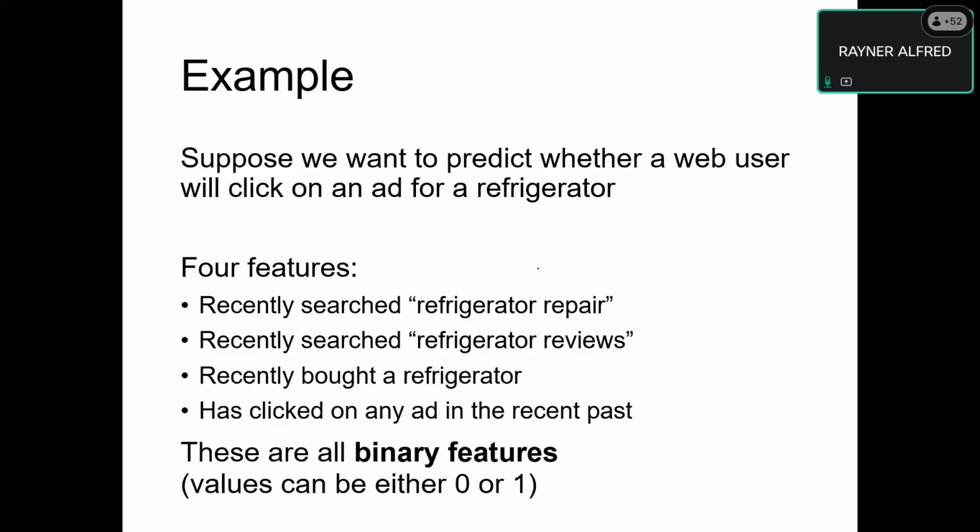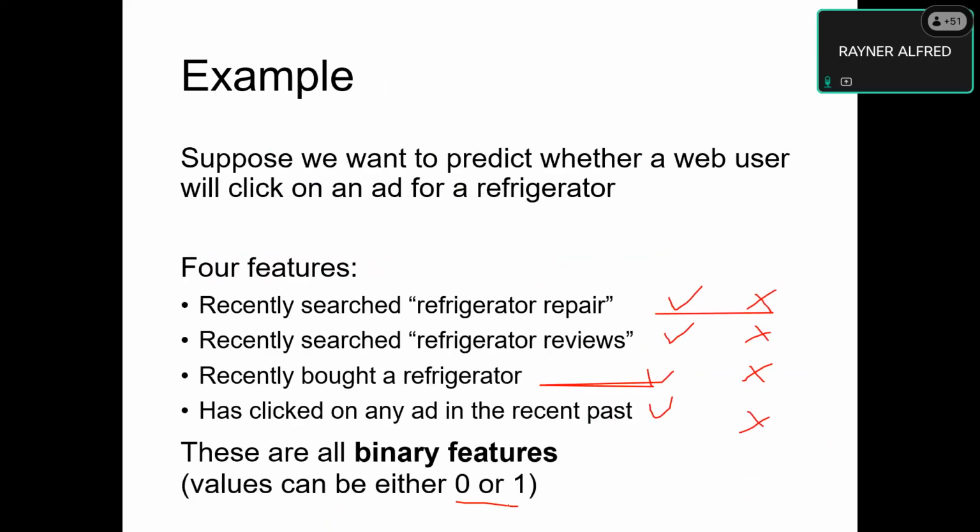So let's suppose we have this example. Suppose we want to predict whether a web user will click on an advertisement for a refrigerator. We have 4 features here, and they are all binary features, meaning on and off, whether they tick or not tick.